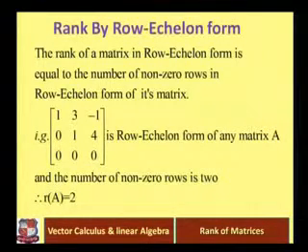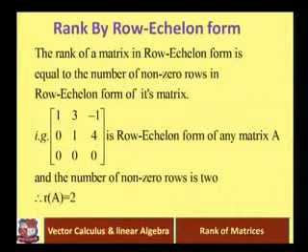Now we discuss finding the rank by row echelon form. The procedure for this method is that the rank of the matrix is equal to the number of non-zero rows in the row echelon form of the original matrix.